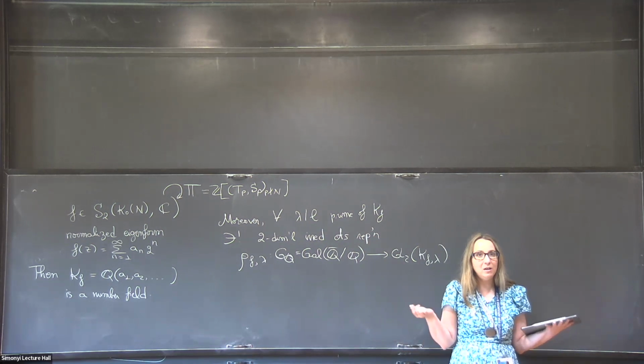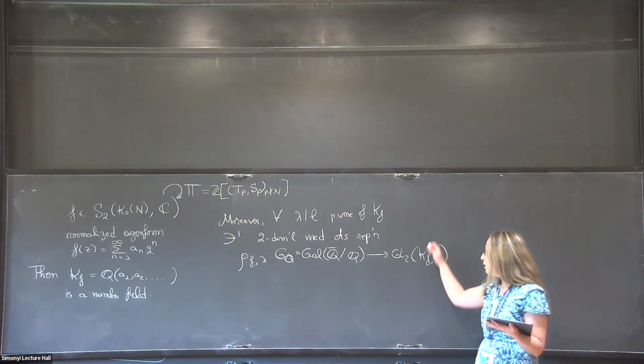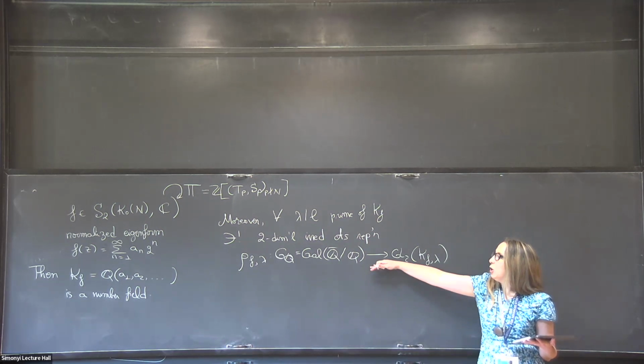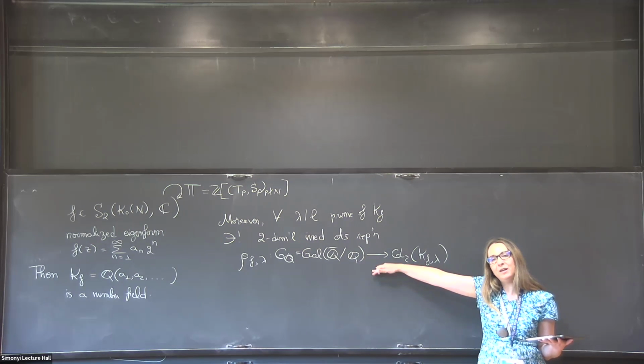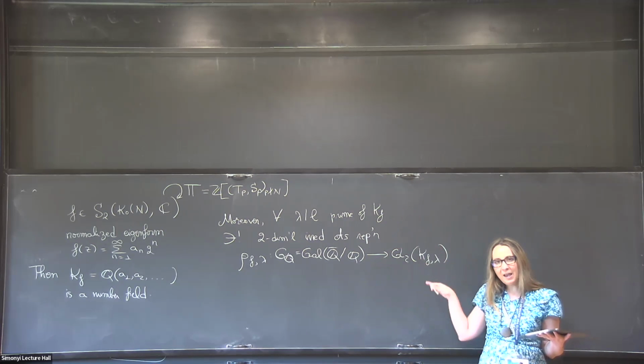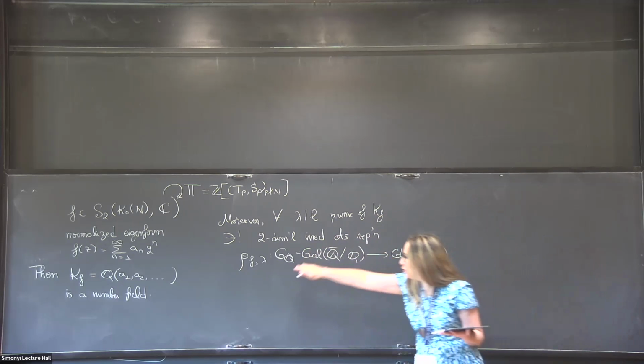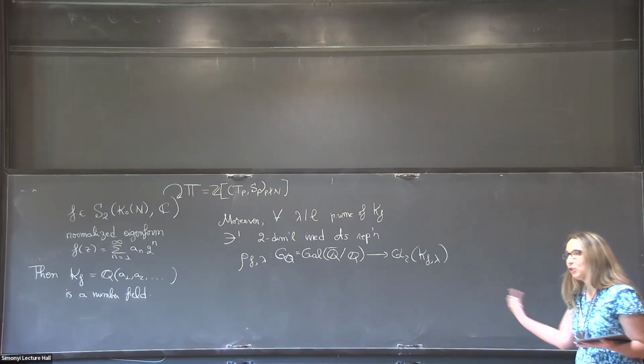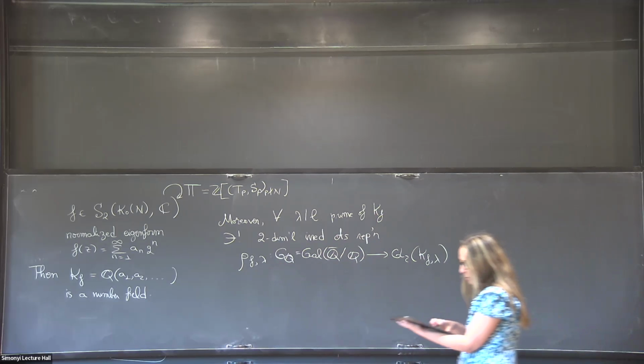So it could be Q_l, or it could be some finite extension of Q_l. And this is a global Galois representation, going from f to this system of rho_{f,lambda}. It is one of the directions in the global Langlands correspondence.